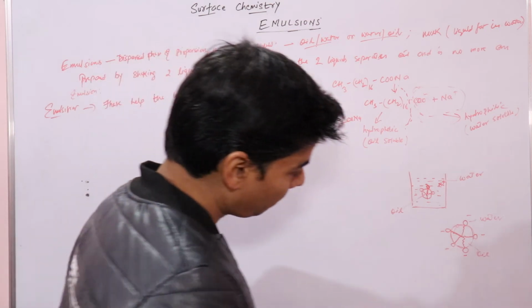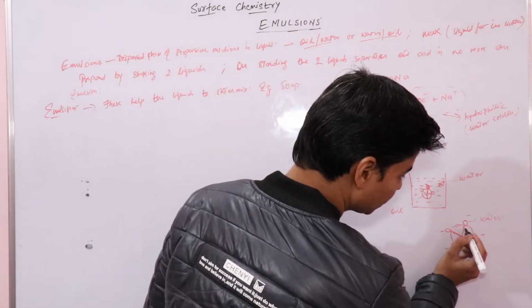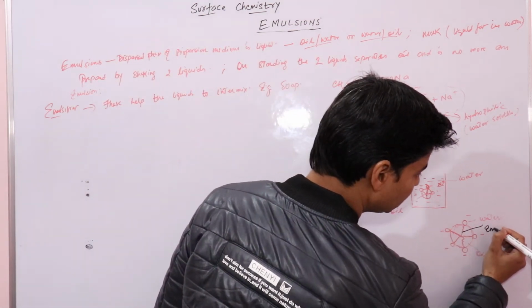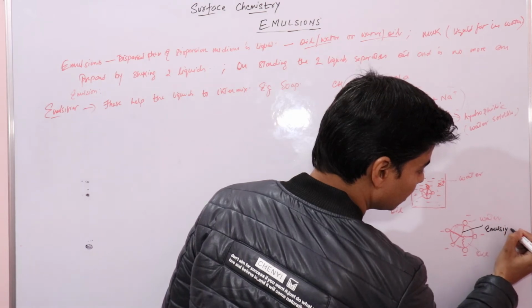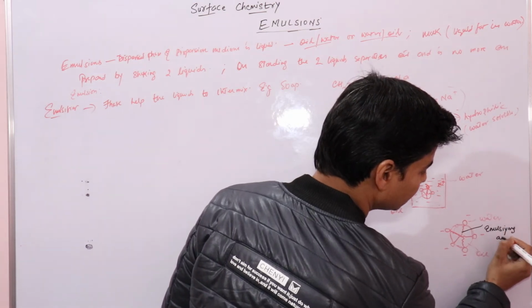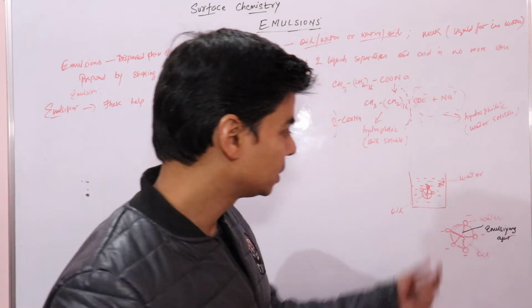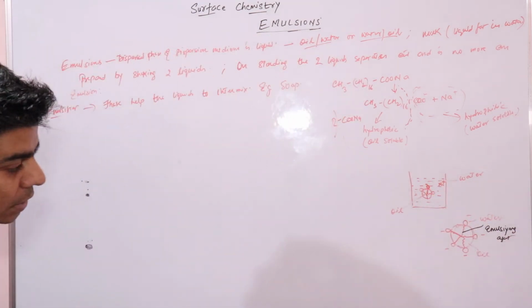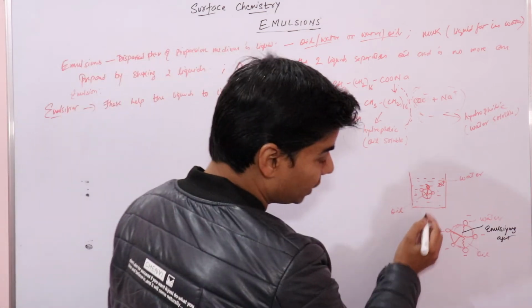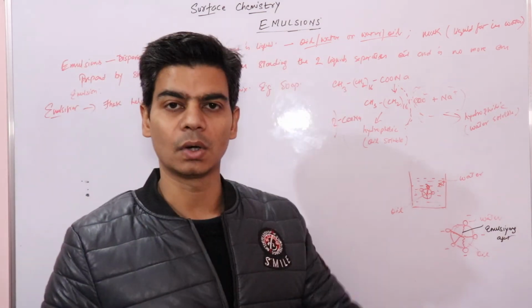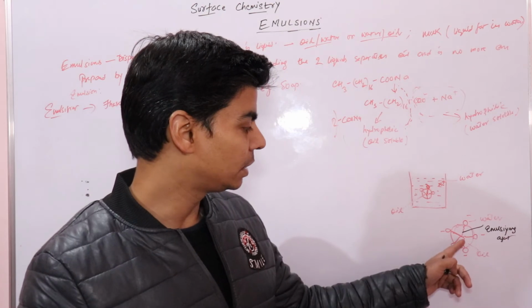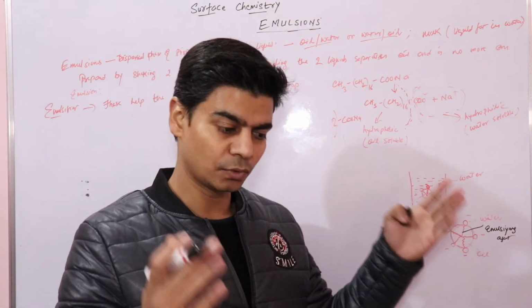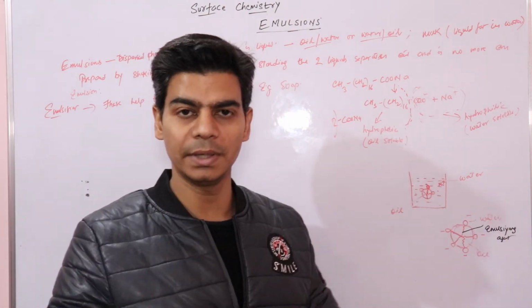So this is how soap, an emulsifying agent, helps water and oil to mix. It also reduces the tension between water and oil, and when it reduces the tension, it helps oil and water to intermix.